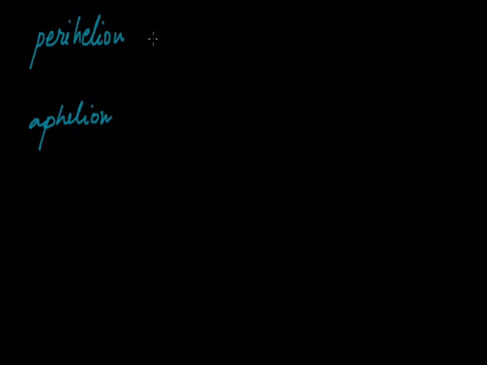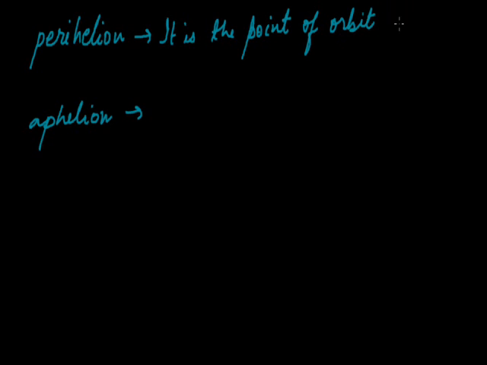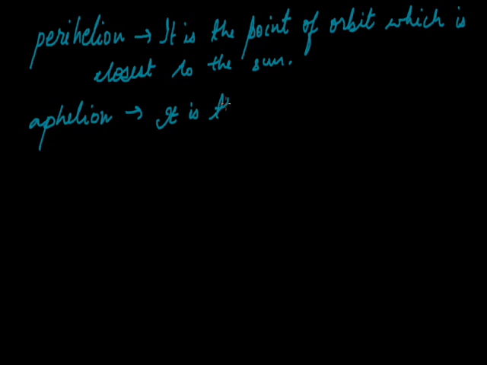As we know that the planets revolve around the sun in elliptical orbit, so there are 2 points: a point at which the planet is closest to the sun, the point of orbit which is closest to the sun, and the point of orbit at which the planet is farthest from the sun.